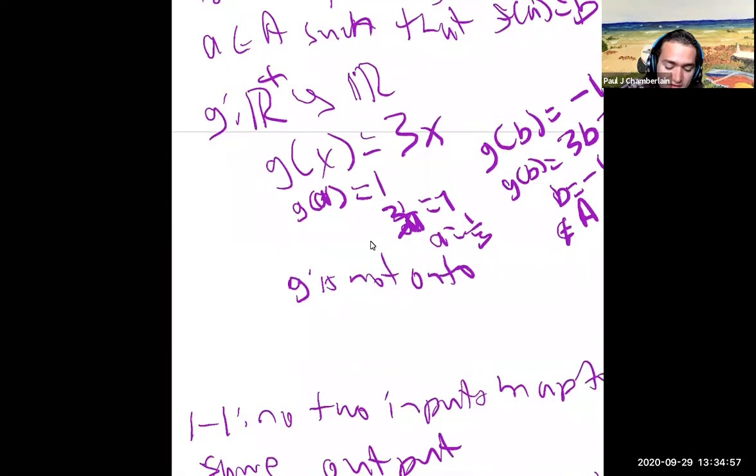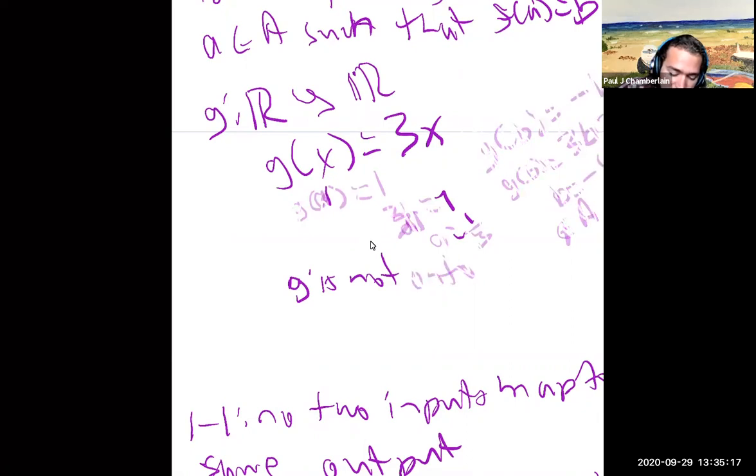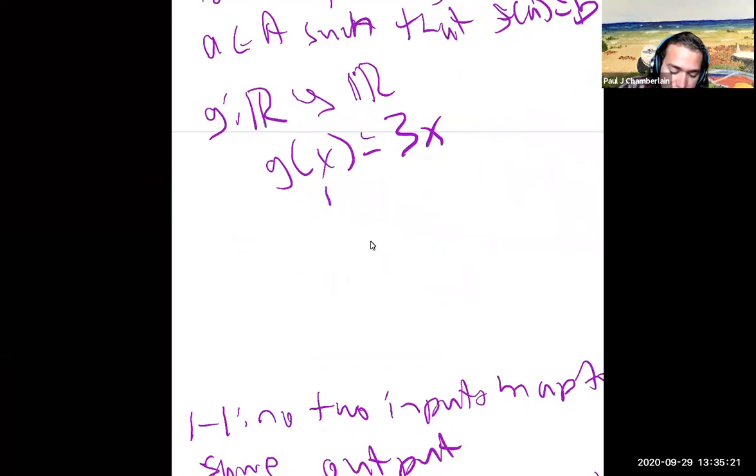To prove it is onto, you assume some arbitrary element in the codomain, and then prove it can be found in the domain. Suppose g went from R to R instead; then it actually would be an onto function. We'll just choose some b in our codomain, and define some a such that we can map a to b.